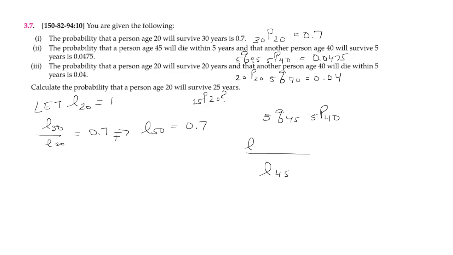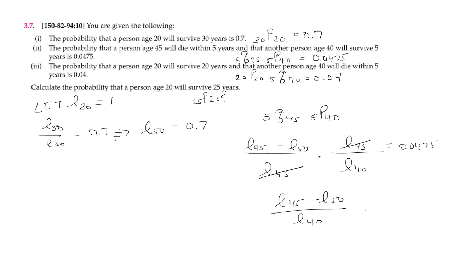So this will be L45 minus L50 over L45, times L45 over L40, which is equal to 0.0475. I can cancel out the L45s, and I'm left with L45 minus L50 over L40 is 0.0475.